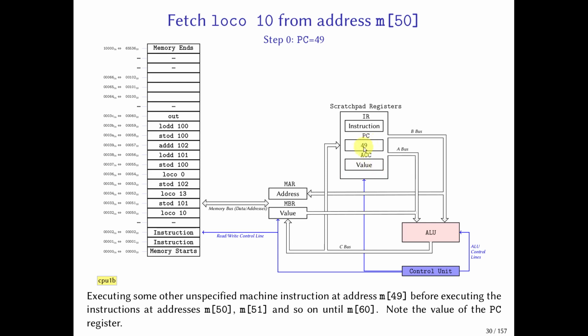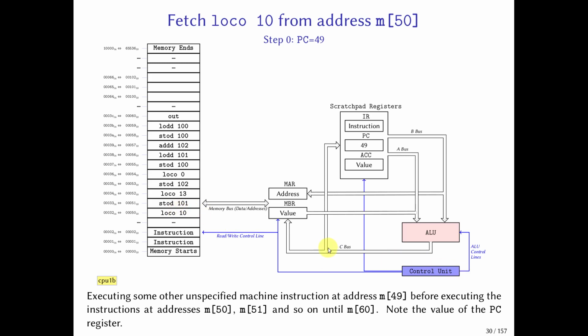The PC register, the program counter, contains the value 49, so that would be the instruction which was stored at address 49. The MAR contains an address value, and the MBR contains a value. All of this is not germane to anything. It's really just showing you that the system was doing something before it starts to execute our program.